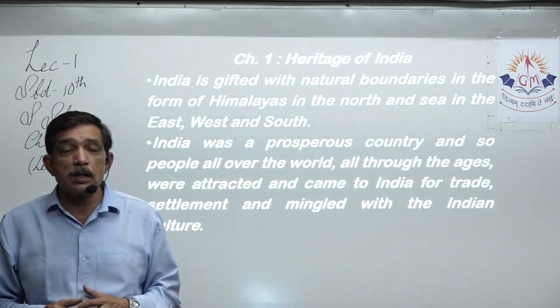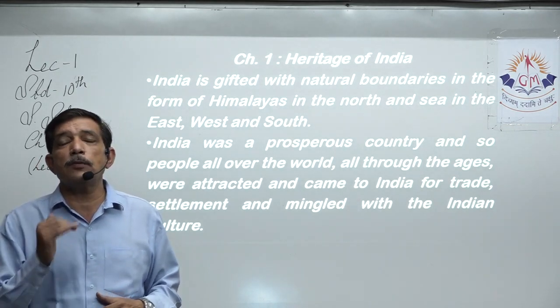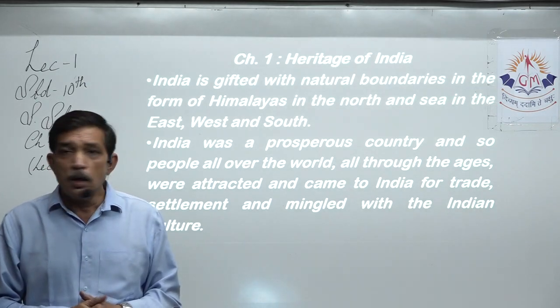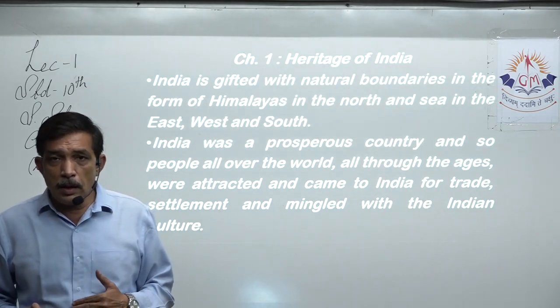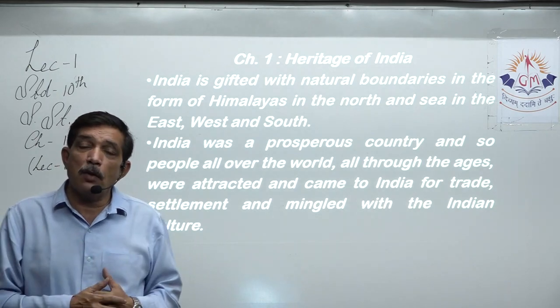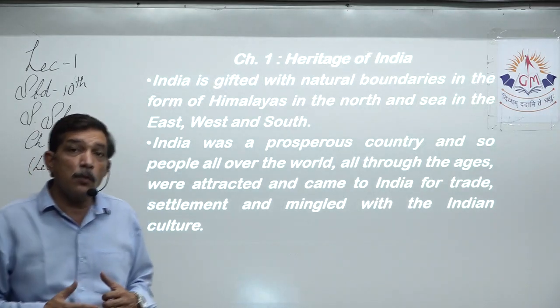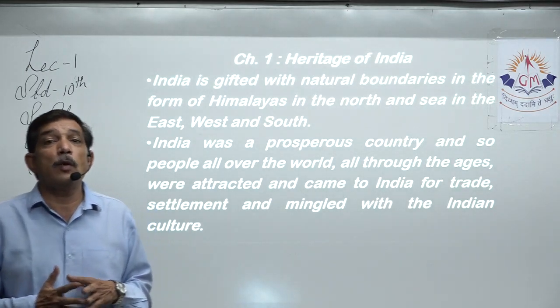It is because warmth is necessary for the growth of vegetation, and because it is situated near the equator, warmth is already there. Warmth is one of the main reasons for vegetation to develop at a very fast rate.